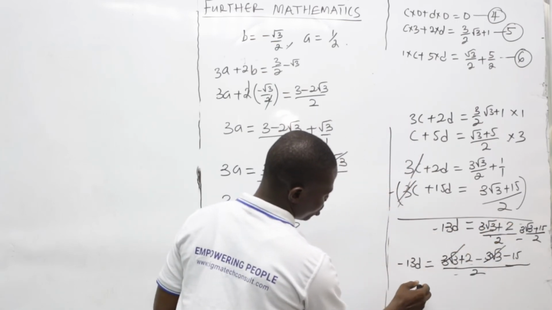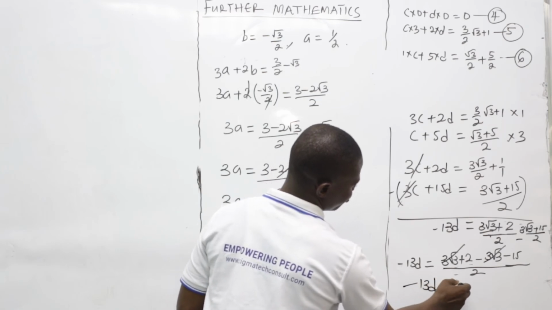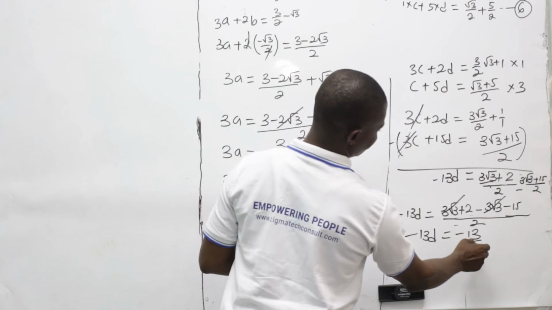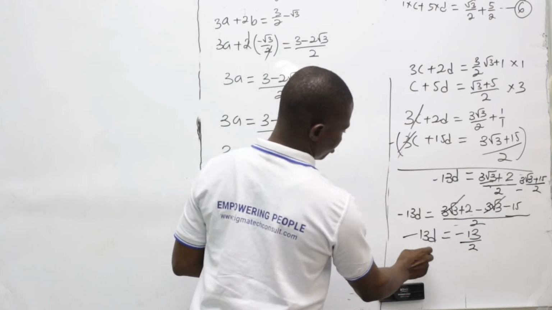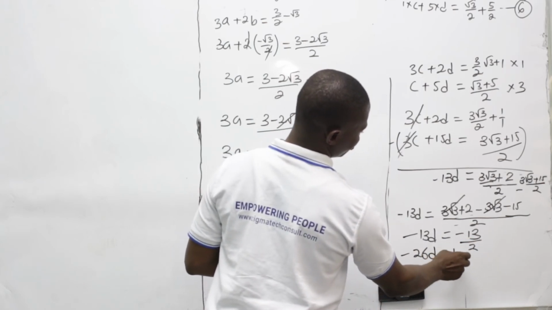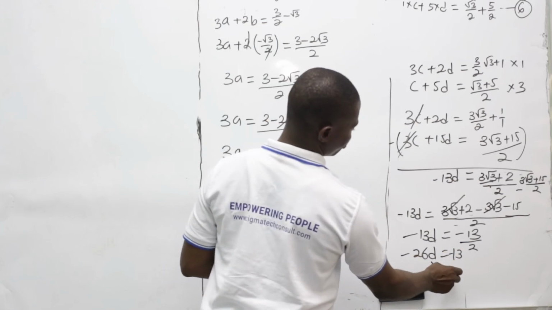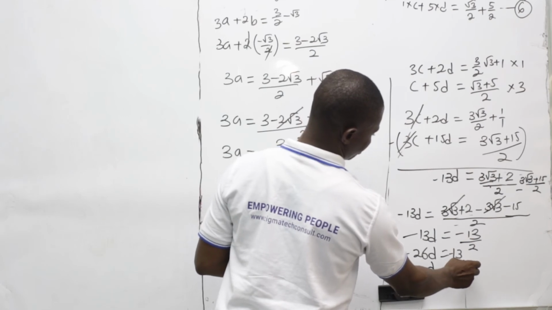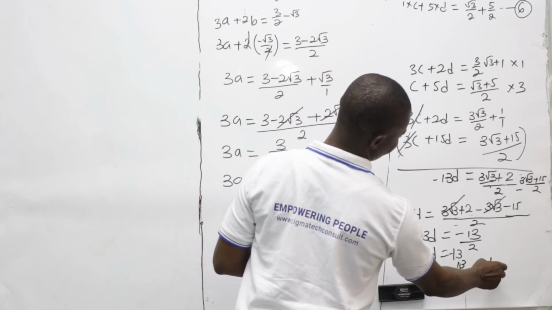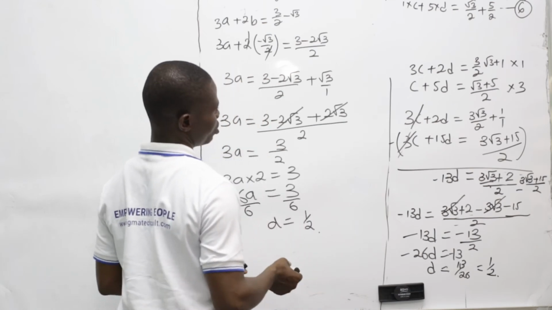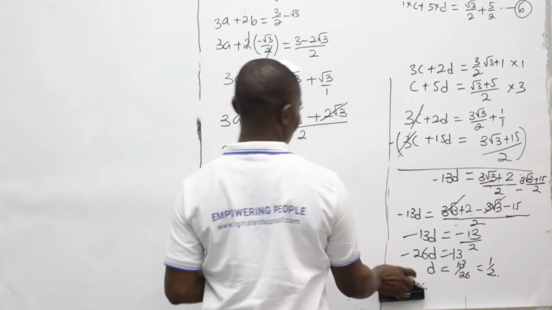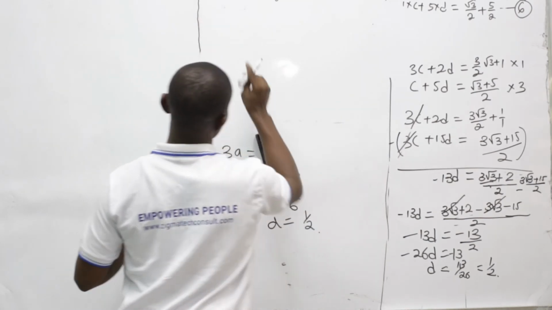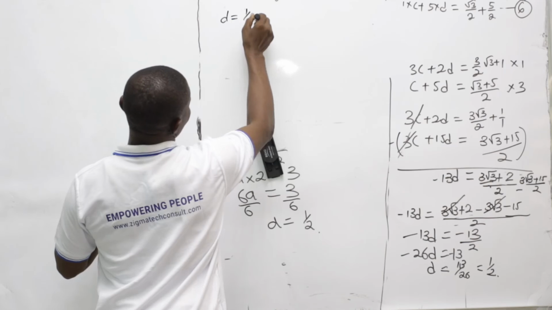So plus 2 minus 15 is going to give us minus 13. So that D will give us minus 26. D equals minus 13, cancel, cancel. D equals what? 1 all over 13 all over 26, which is 1 all over 2. So we have that D equals 1 over 2.